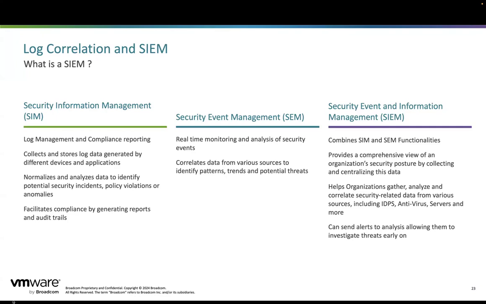The SIEM, Security Event and Information Management, can send alerts to analysts, allowing them to investigate threats early on. Common SIEMs: Splunk, ArcSight, IBM QRadar, just to name a few.